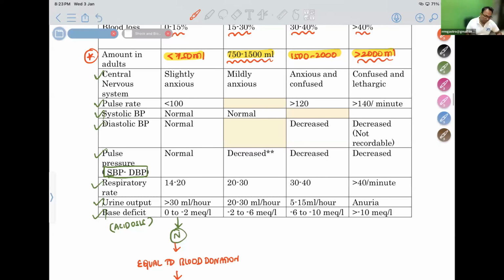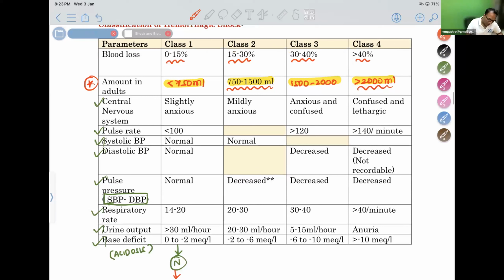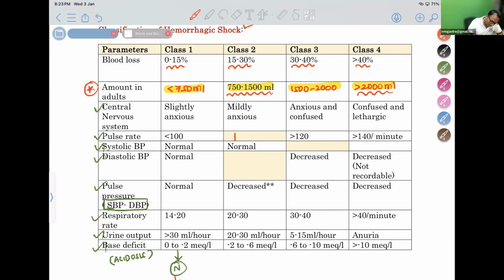When you come to class 2 shock, here the problem starts. What is the first sign of hemorrhagic shock? Increasing pulse rate, more than 100 per minute. What other findings are seen? Very important point: systolic BP is normal. The patients go for peripheral vasoconstriction and the systolic BP is maintained.